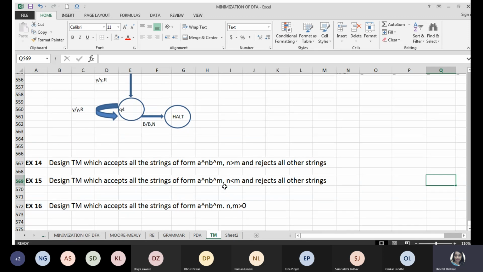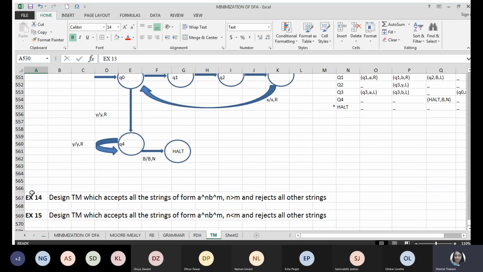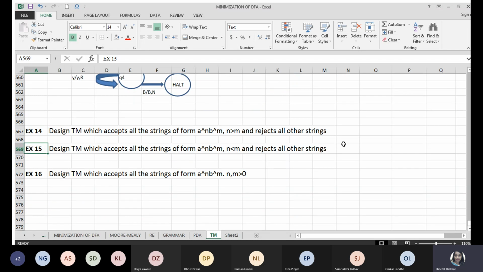So if you say they are equal, it's sum number 13. If you say they are different, it's sum number 14. If you say n is less, sum number 15. So 16 should have all accepting conditions.